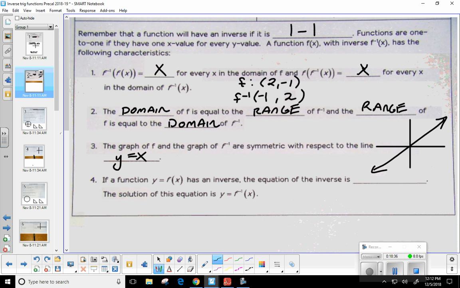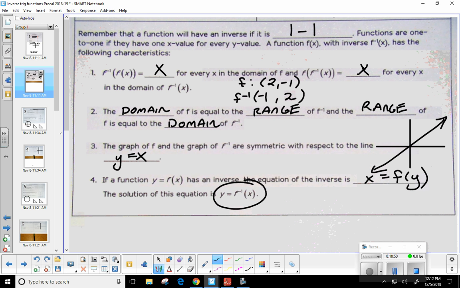You're folding across that line. And then if a function y equals f of x has an inverse, the equation of the inverse is we just switch the x and the y. So we say x equals f of y. But we don't like to write it that way, so we have our notation. Remember, the -1 tells us we're dealing with an inverse.